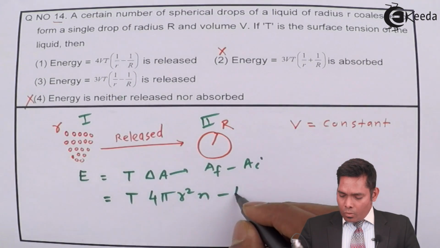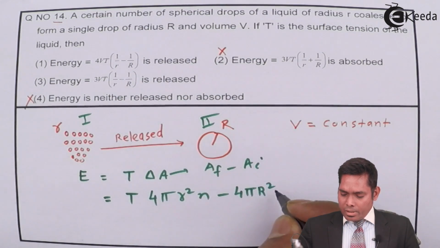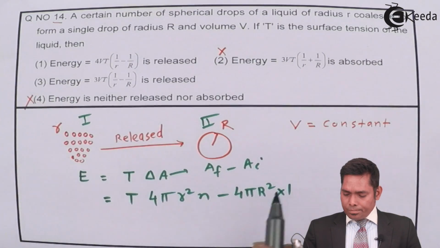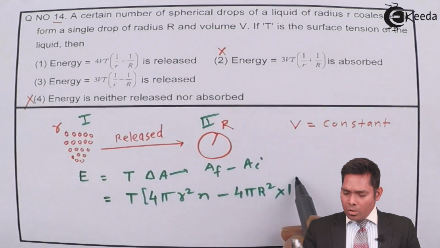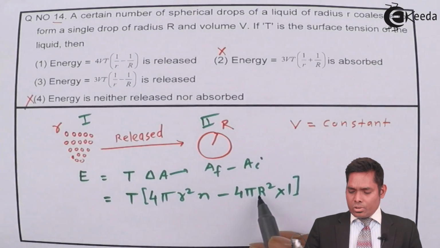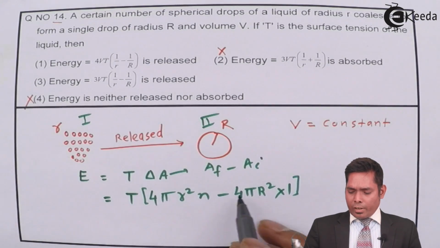The final area is 4 pi R square for the single drop, multiplied by 1. This is how the area changes from the initial value to the final value. The minus sign and minus become plus.